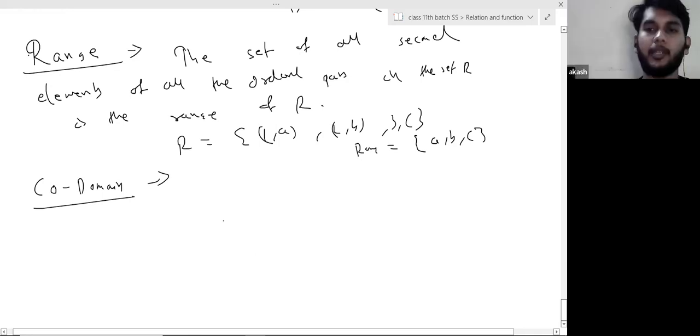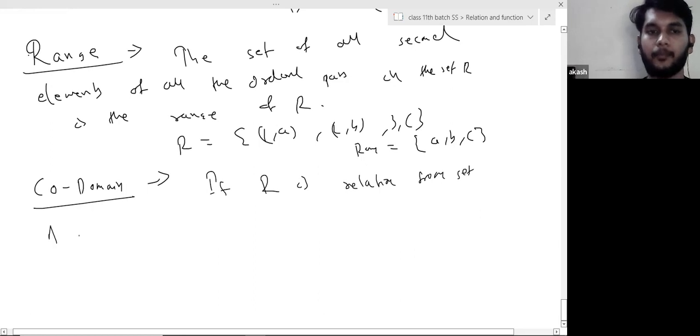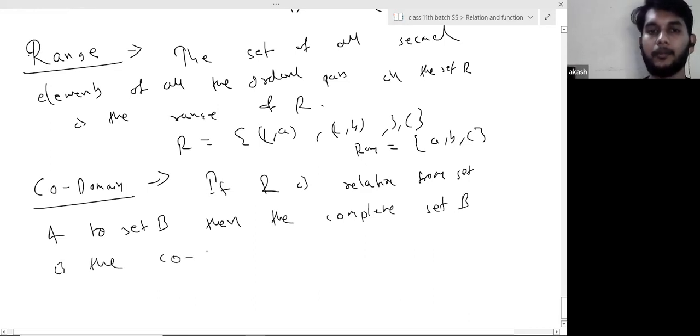Now the third term we need to know is codomain. What is codomain? If R is a relation from set A to set B, then the complete set B is the codomain.